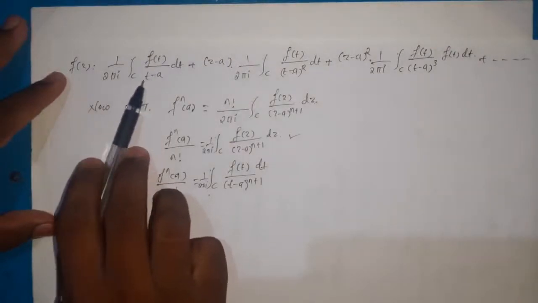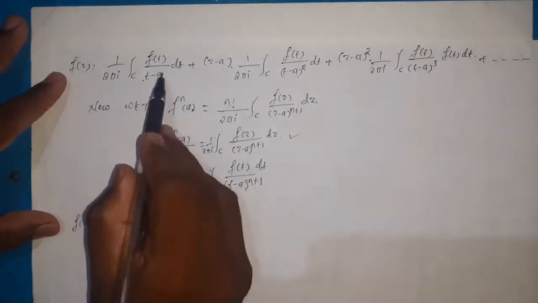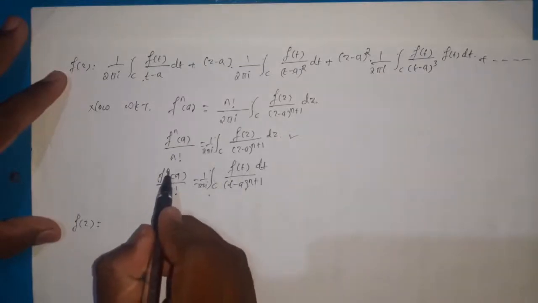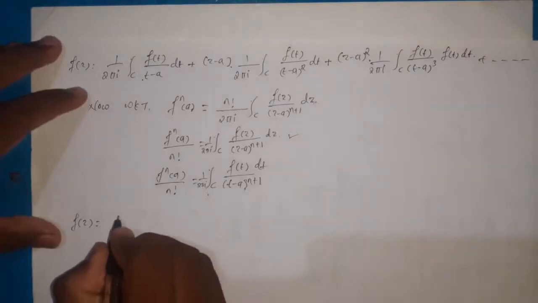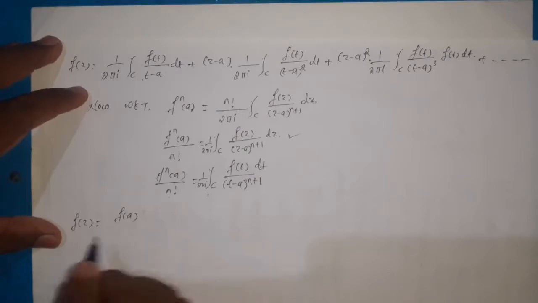Here f of t divided by t minus a is there. Here the power is n plus 1 and here it is 1, which means the value of n will be equal to 0. Then this becomes f power 0, which means we are considering the function without differentiation. So that becomes f of a divided by 0 factorial, which is equal to 1.